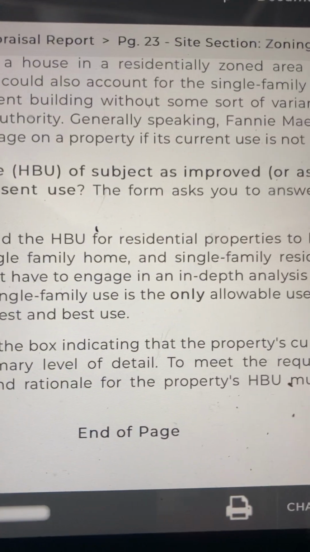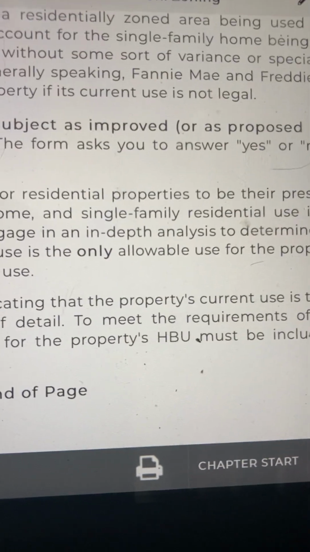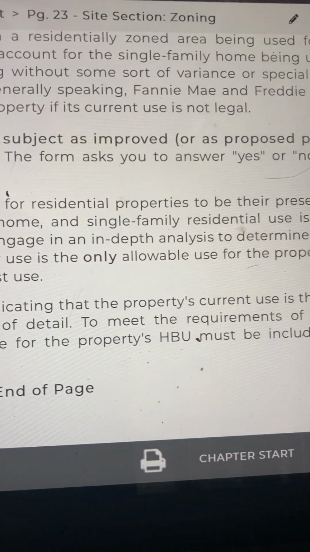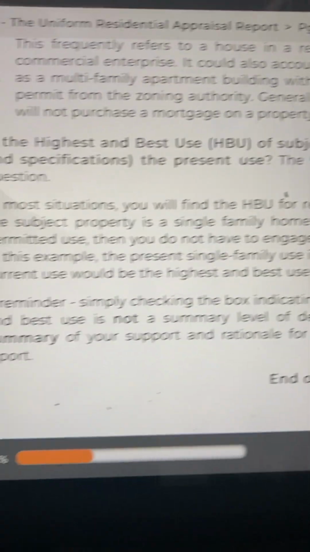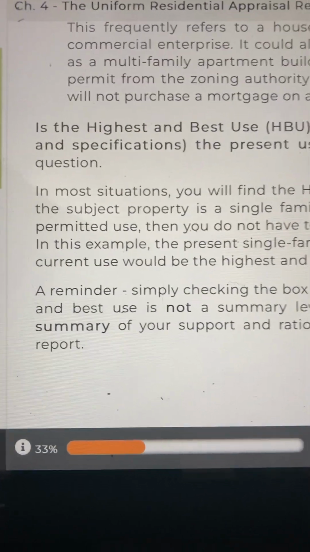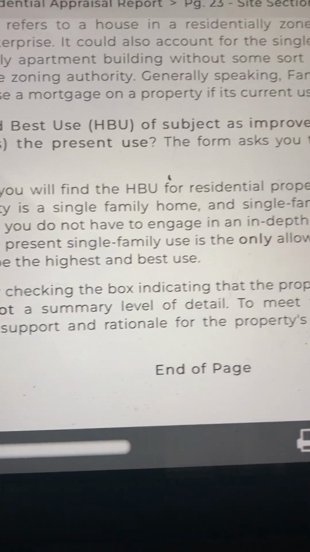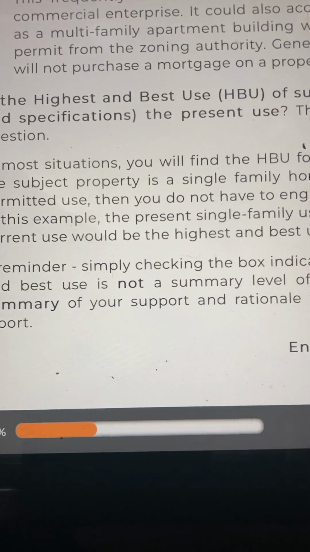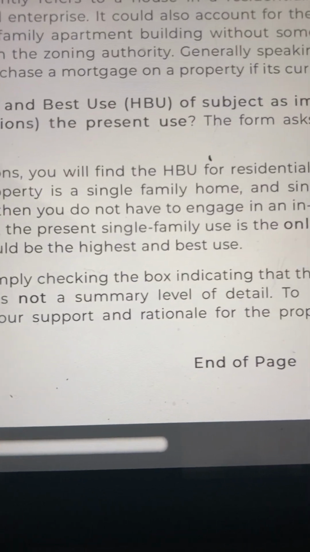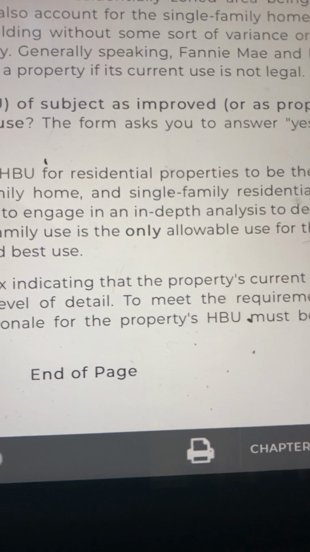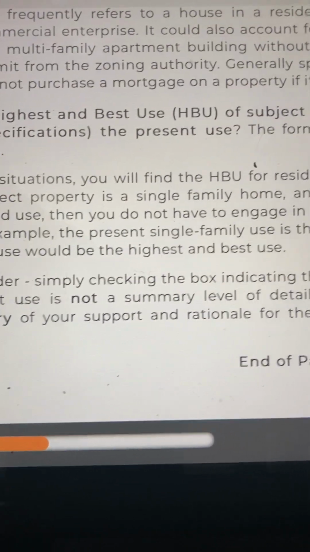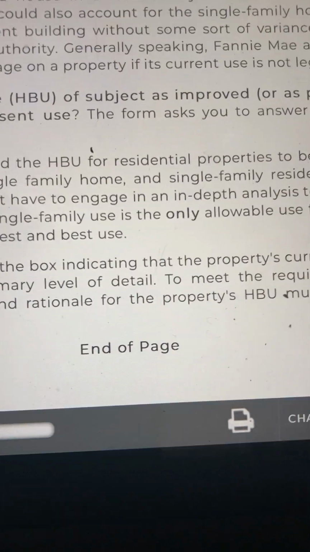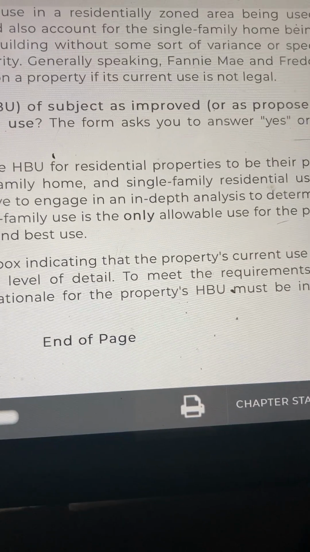It could also account for a single-family home being used as a multifamily apartment building without some sort of variance or special use permit from the zoning authority. Generally speaking, Fannie Mae and Freddie Mac will not purchase a mortgage on a property if its current use is not legal.